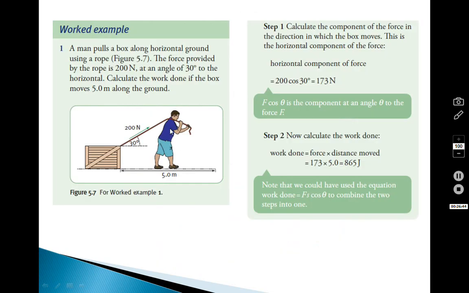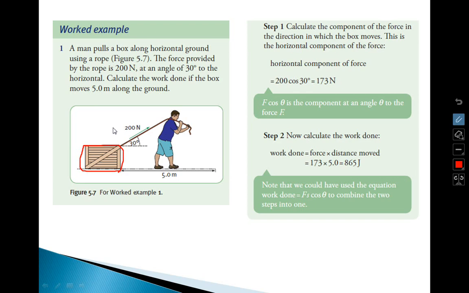Okay, let us take this example here for more explanation. In this example, a man pulls a box of some weight on horizontal ground using a rope.